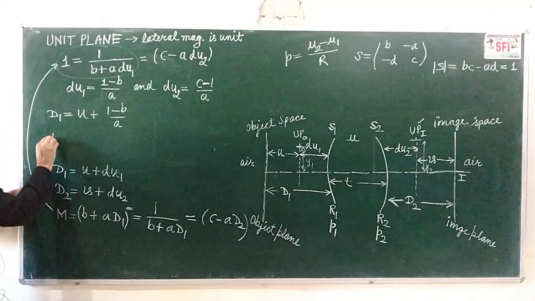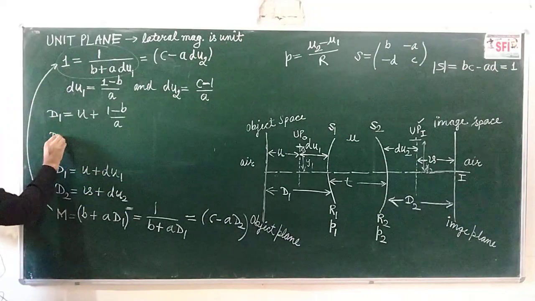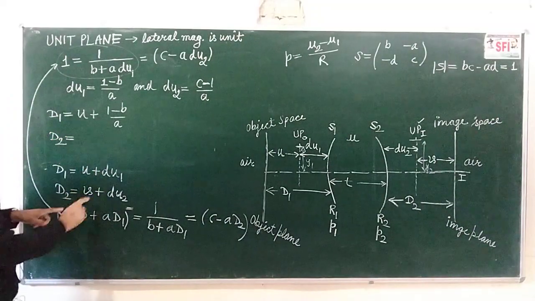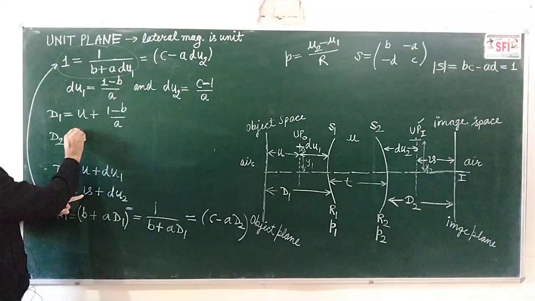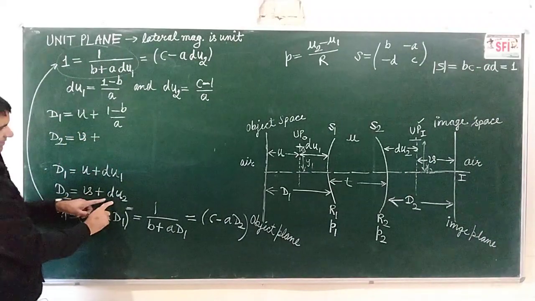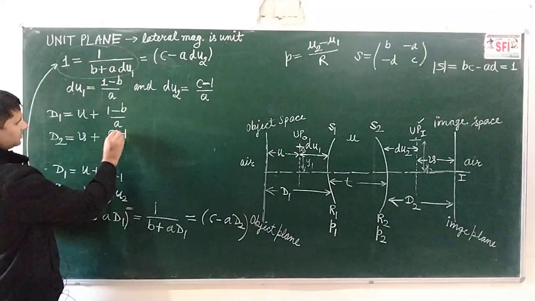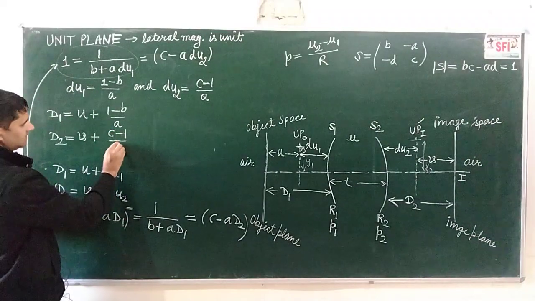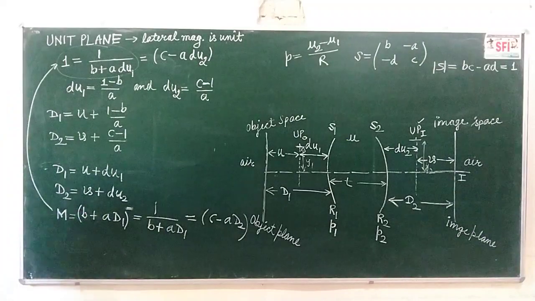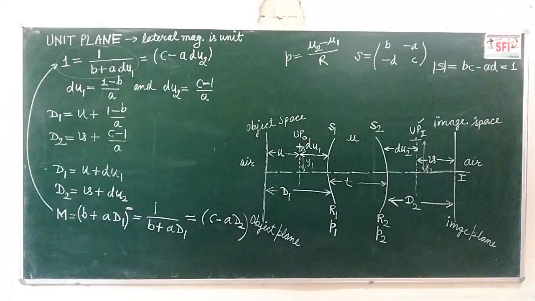Okay, and then d2 is v plus du2, and du2 is c minus 1 by a. So in this way you can find the value of d1 and d2.